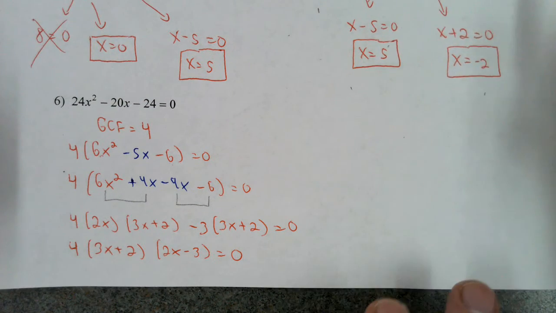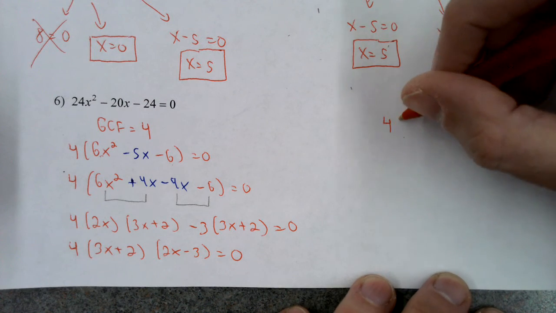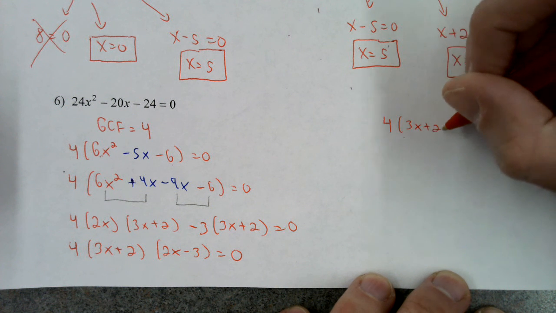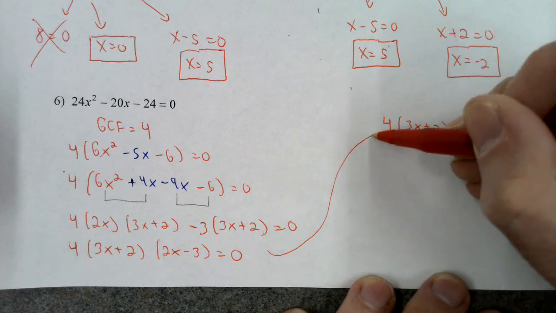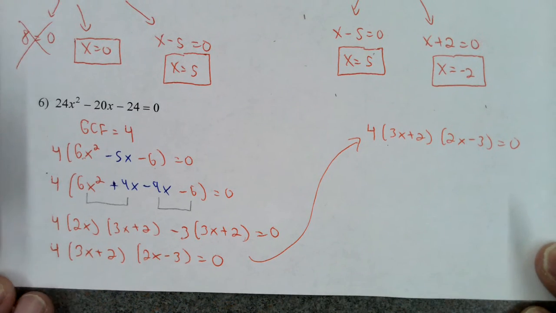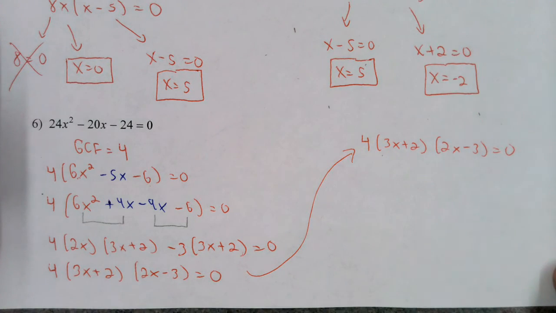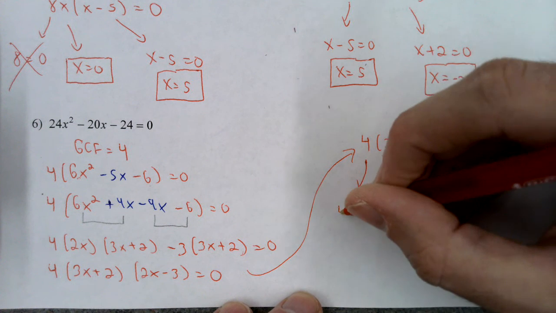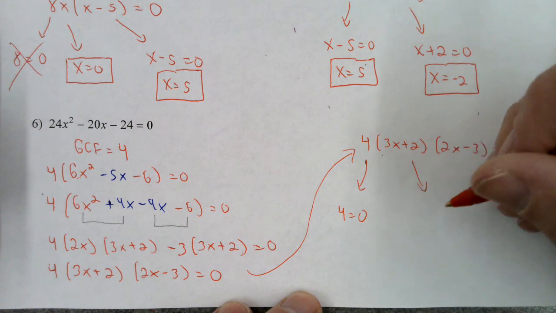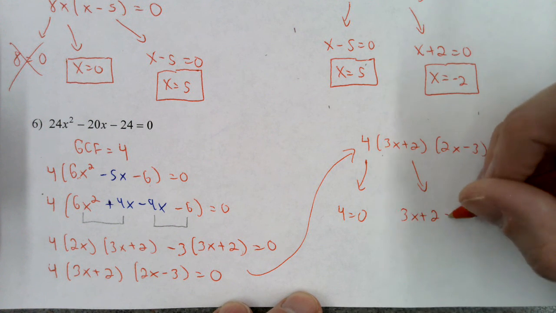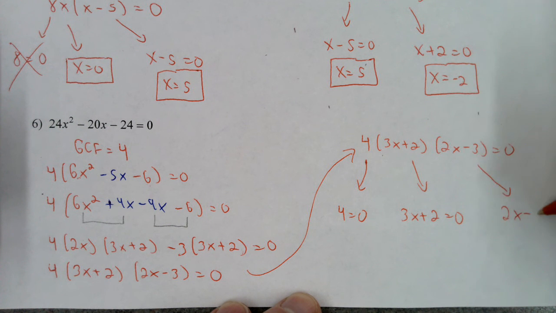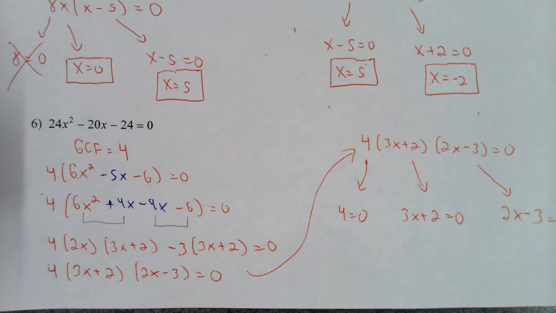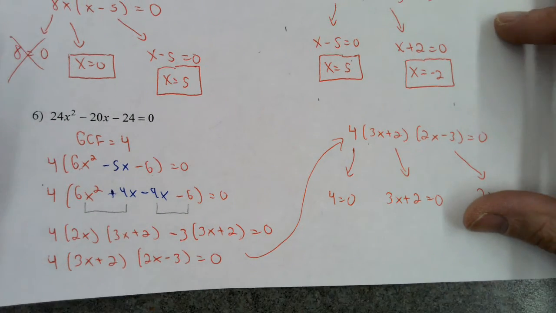I finish up here. Set each factor equal to 0 and solve. Either 4 equals 0, which makes no sense, or 3x plus 2 equals 0, or 2x minus 3 equals 0.